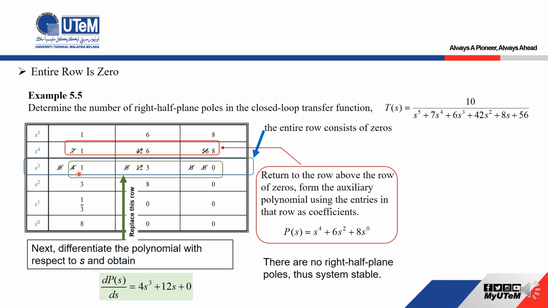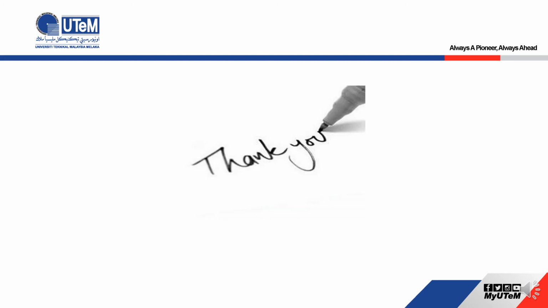After we get these values, we can continue to complete this RH table. Those are the two special cases that we have to take into account when we use the RH criterion method. Thank you.